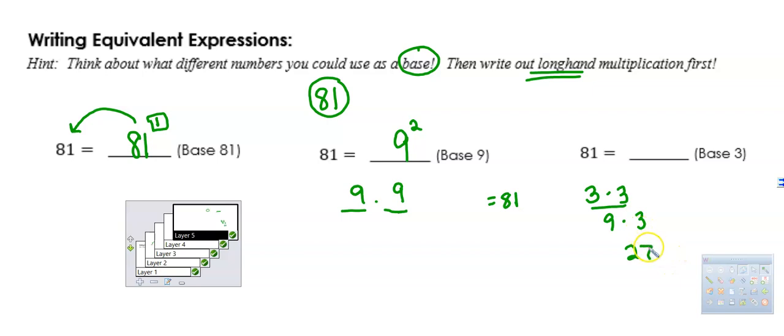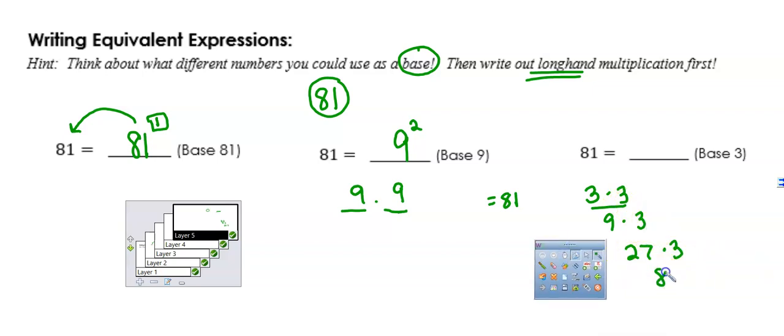We're getting up there, but we're not at 81 yet, so we need another 3. We're just repeatedly tacking on another 3. 27 times 3 is 81. We found it. So how many 3s did it take to multiply together to get 81? It took 4 of them. So we would say 3 raised to the 4th power is an equivalent expression for 81.